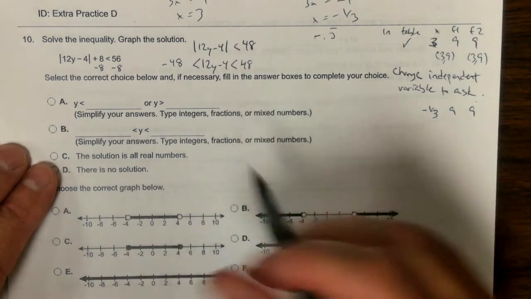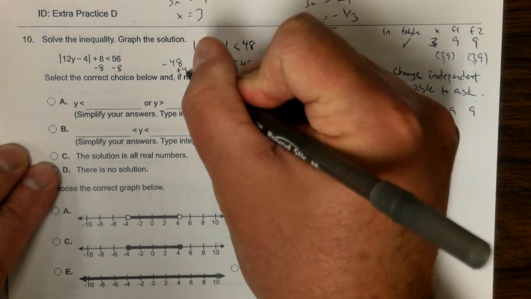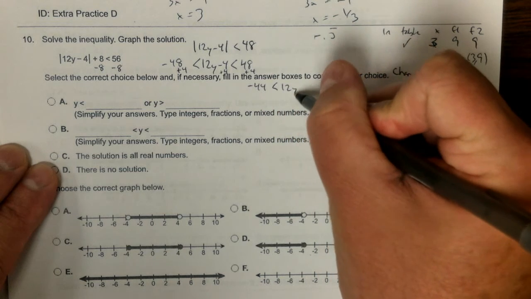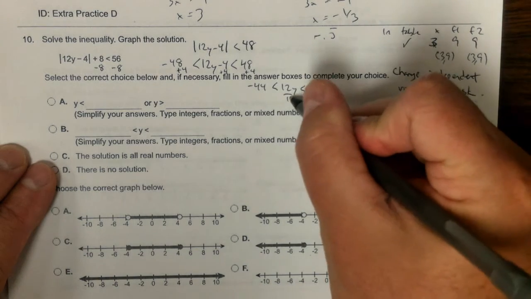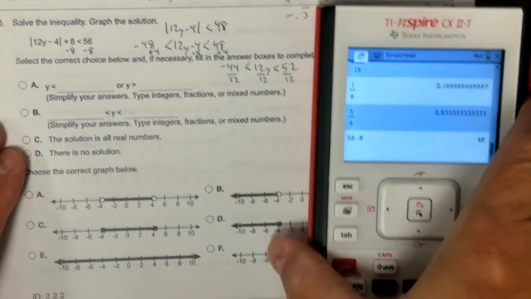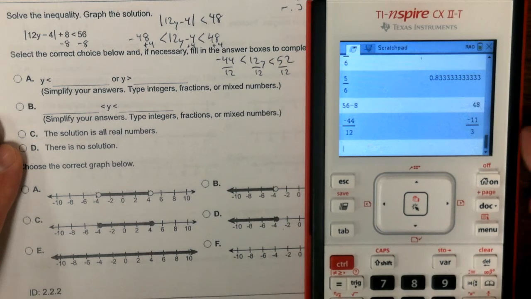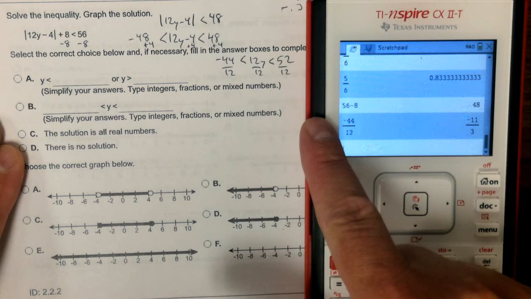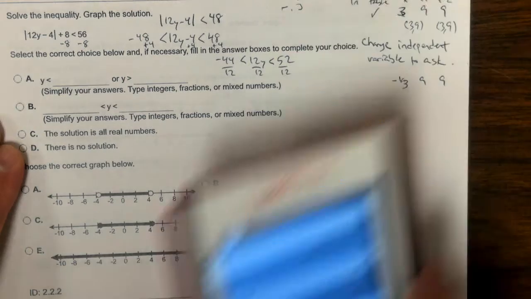So then you can split them up if you want, or just add 4 to all 3 spots. So you get -44 less than 12y less than 52. And then divide everything by 12. So -44 divided by 12 reduces to -11/3. You can visualize dividing both the numerator and denominator by 4 to get -11/3.